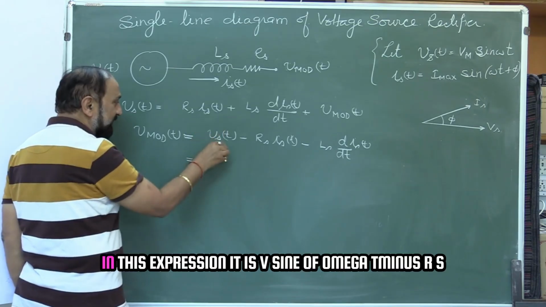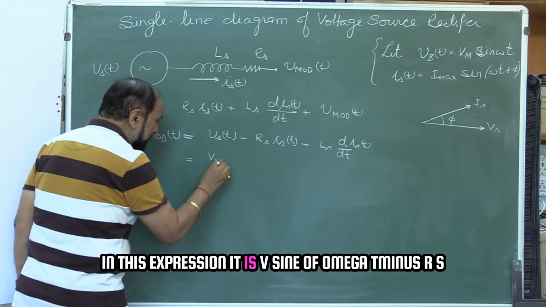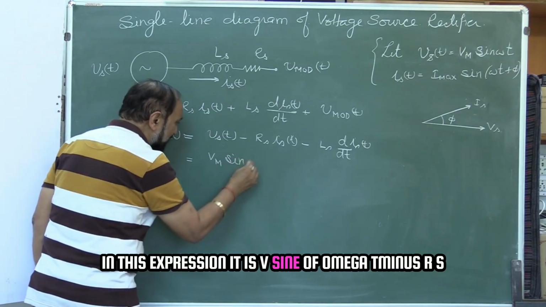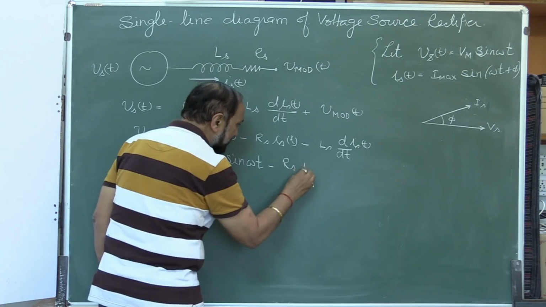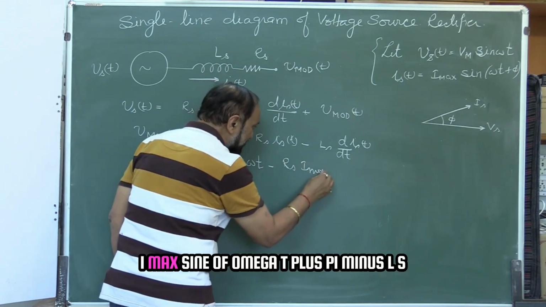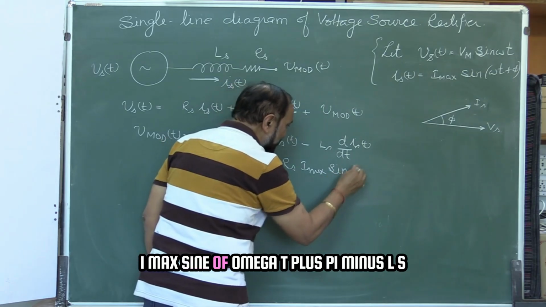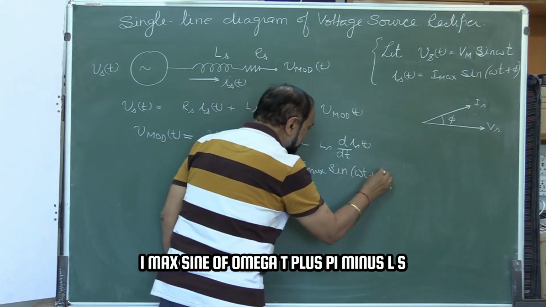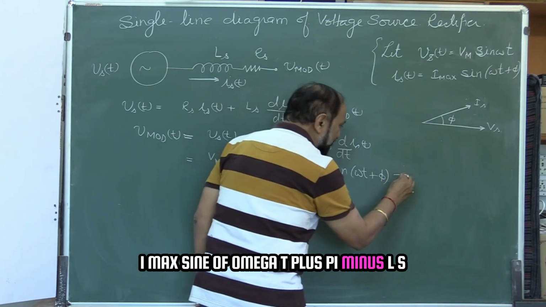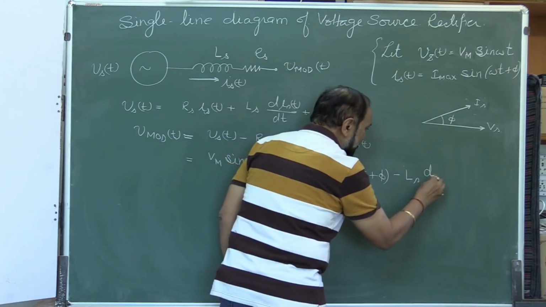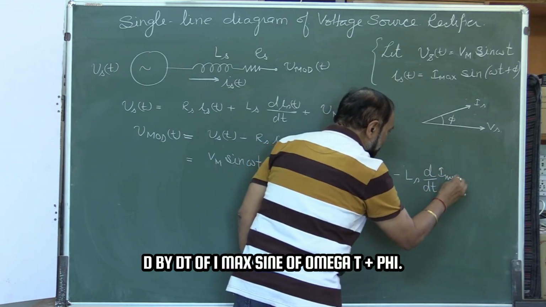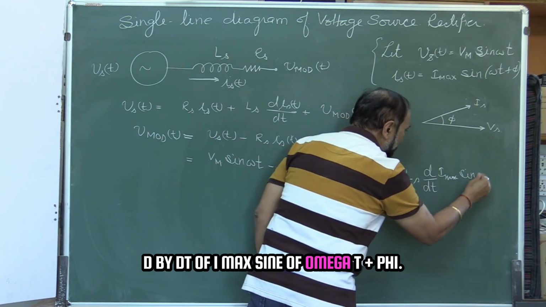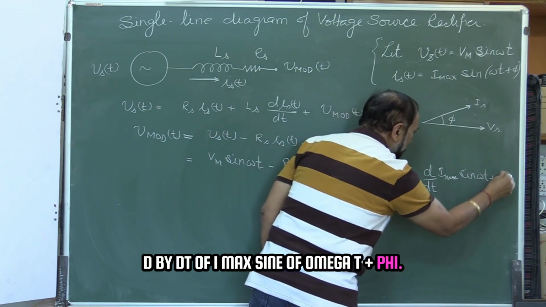Substitute V and I in this expression. So it is Vm sine of omega t minus Rs I max sine of omega t plus phi minus Ls d by dt of I max sine of omega t plus phi.